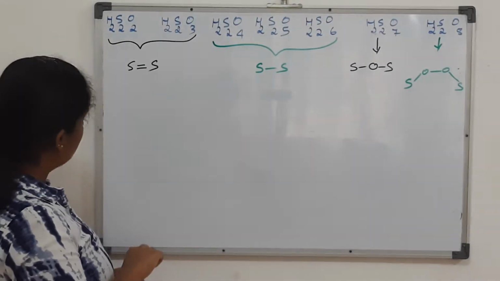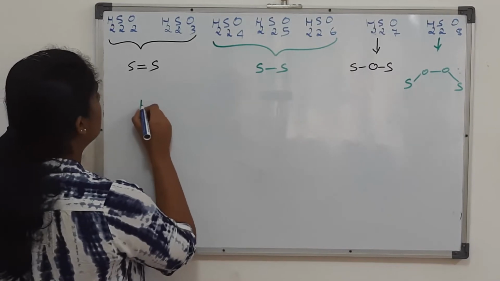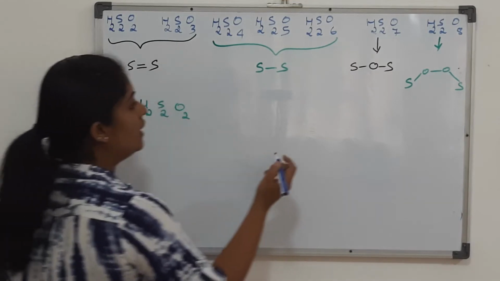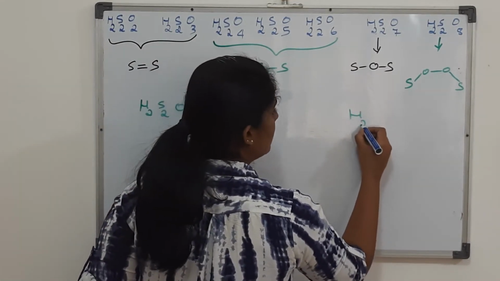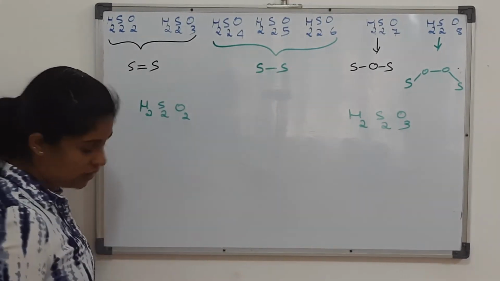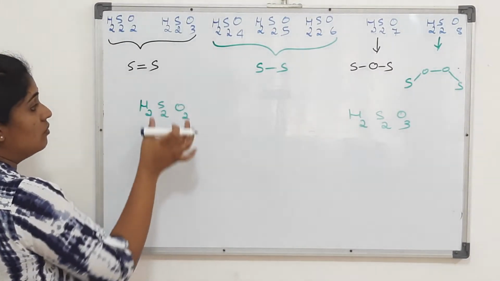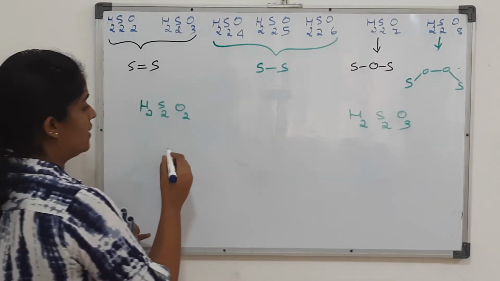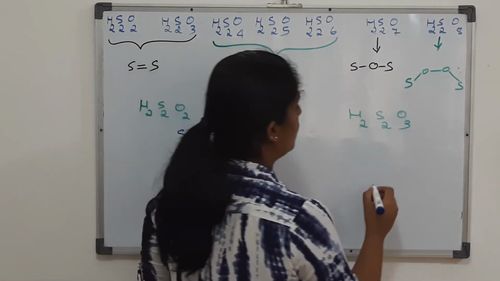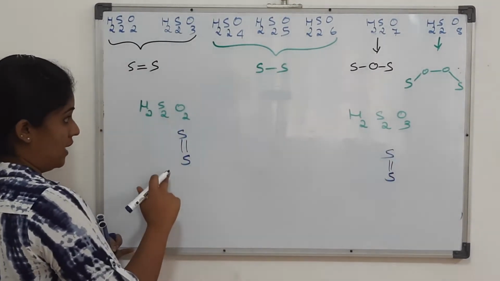So now let's draw the structure for the first set, that is H2S2O2 and H2S2O3. Let's see how their structure comes. As you can see, these 2 have an S=S bond, so let's put that S=S.